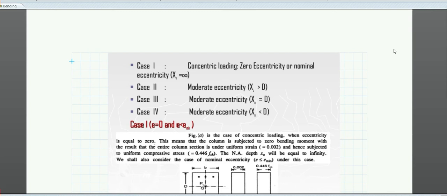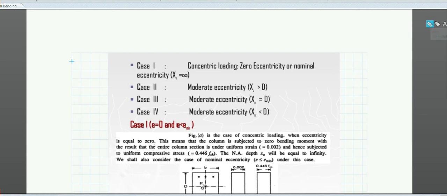Hello everyone. So today we are going to discuss the design of a short column, but today we will be having a uniaxial moment applied to the column.